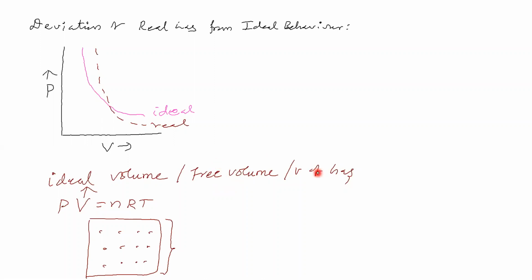Which possibility do we say? You are saying less than. So free volume is less than volume of gas for real gases. For ideal gas, the free volume is equal to volume of gas. Real gas means practically available, naturally available gases.